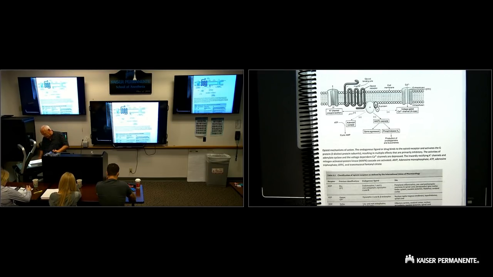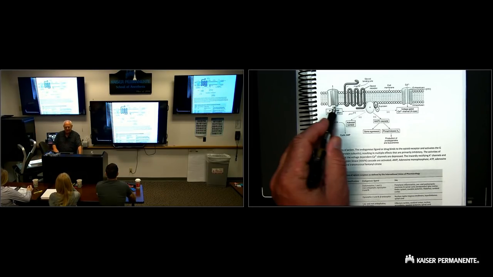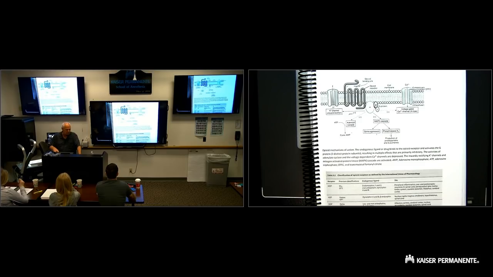The activities of adenyl cyclase and the voltage-dependent calcium channels are depressed. Potassium channels are also affected, and so on and so forth. So these multiple biochemical events that occur inside the cell once you activate an opiate receptor all lead to an inhibitory response. Okay?